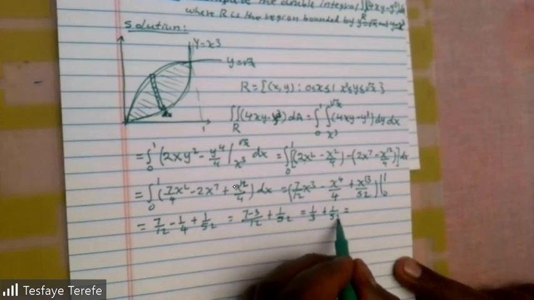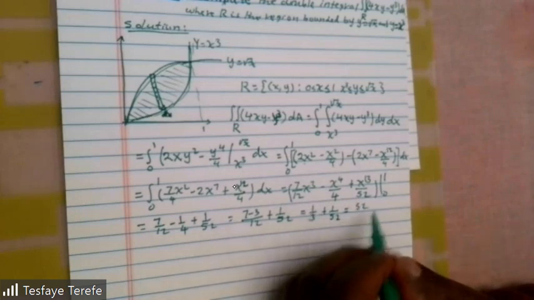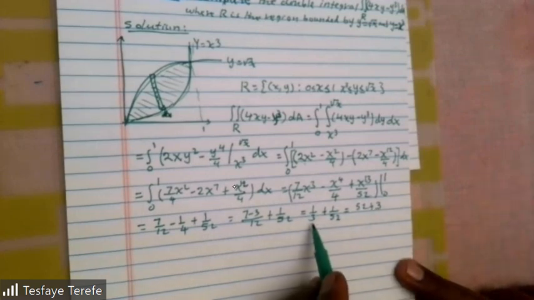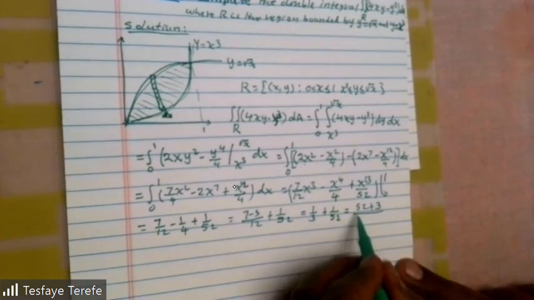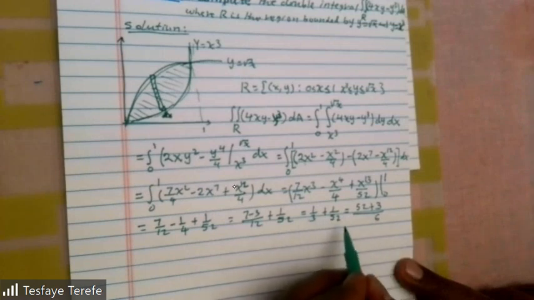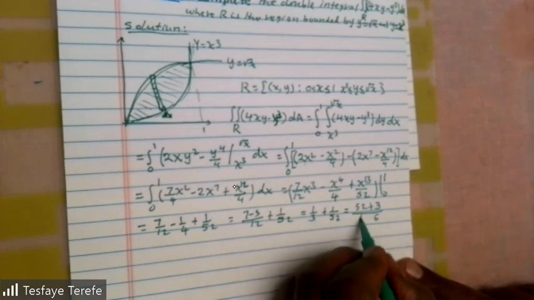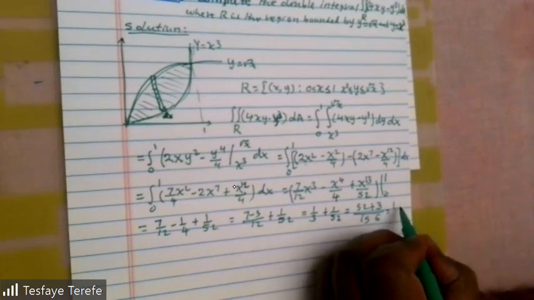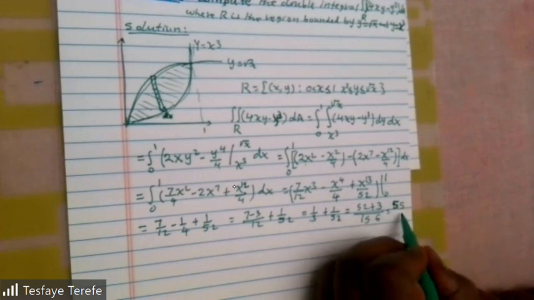Okay, let us multiply. This is 52. And this one is 3. 3 times 2 is 6. 156. So the answer is 55 over 156, and we're done.